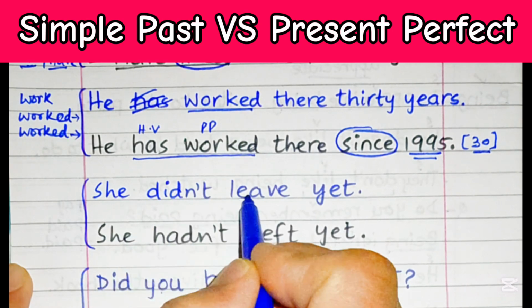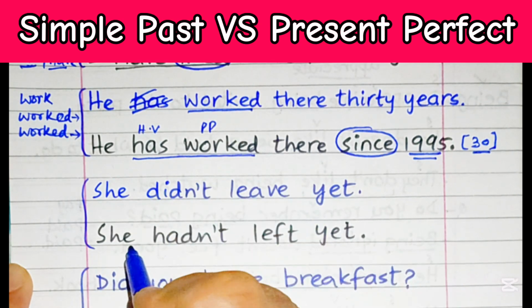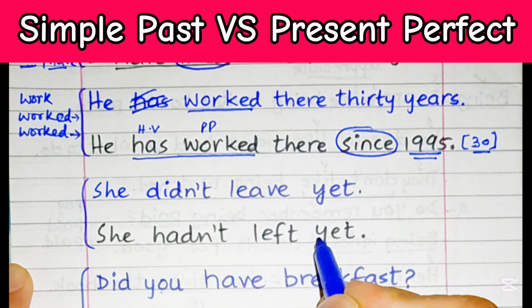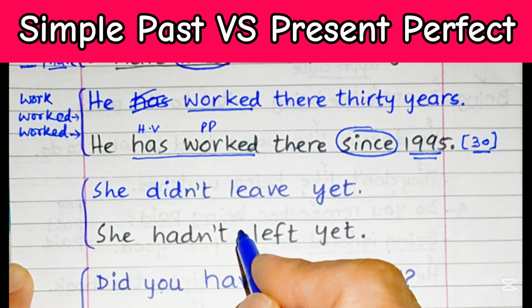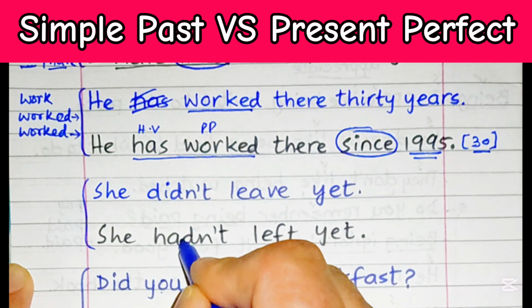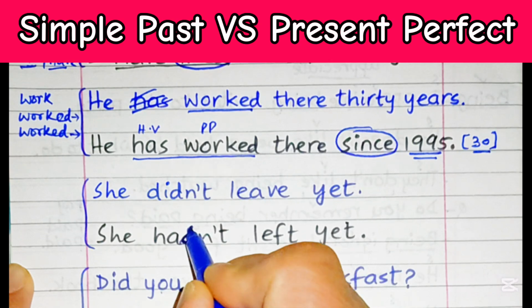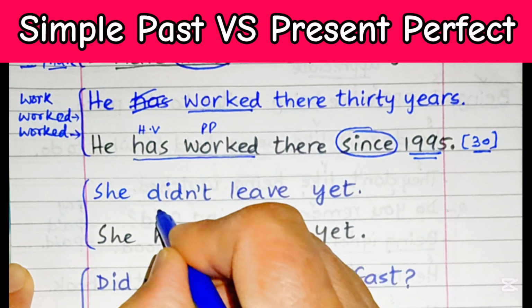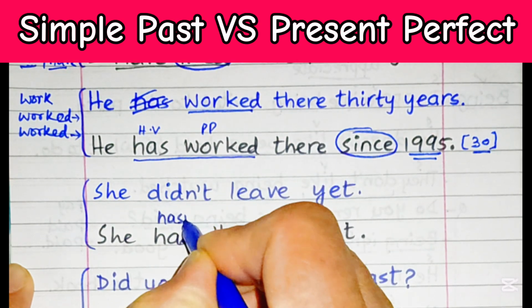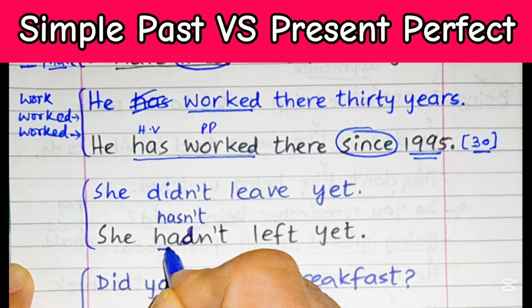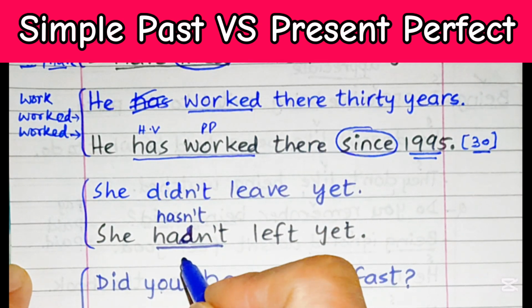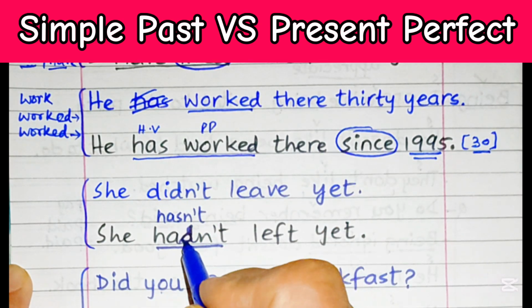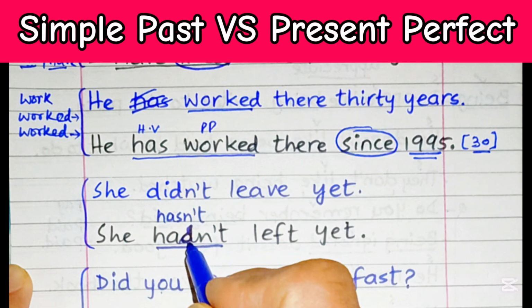She didn't leave yet. She hasn't left yet. This is not "hadn't." Actually, it is present perfect, so it should be hasn't. Both these statements have about the same meaning.